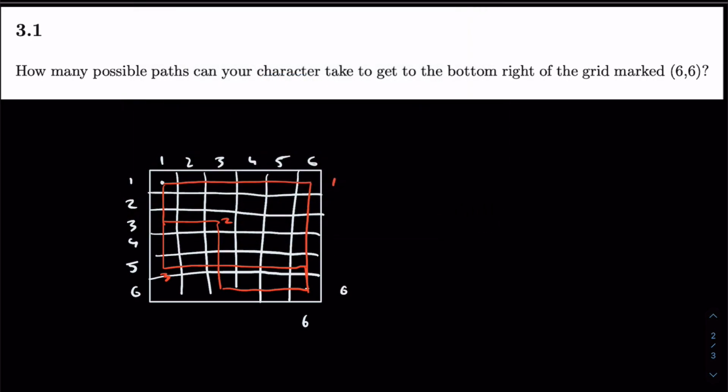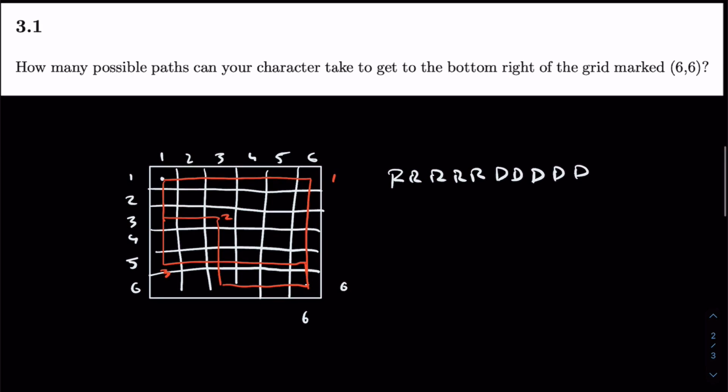So for the first one, it was right 5 times. So right, right, right, right, right, and then down 5 times. For the second one, we went down twice, right twice, then down 3, and then right 3 times.